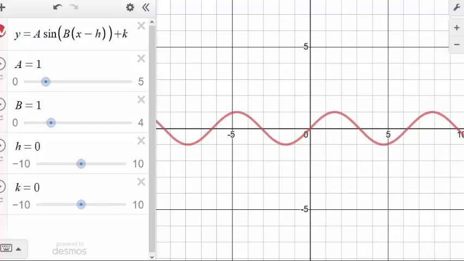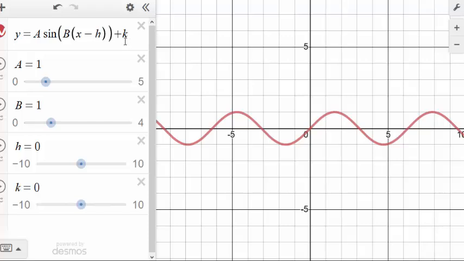what the different transformations look like graphically. So what I did here is I wrote this general function y equals capital A times the sine of b times the quantity x minus h, plus k. And I'm going to let these different values vary now. The a value right now is set at 1, the b value is set at 1, the h value is set at 0, and the k value is set at 0. Start off with the most basic thing you probably remember from when we did transformations, the k value.